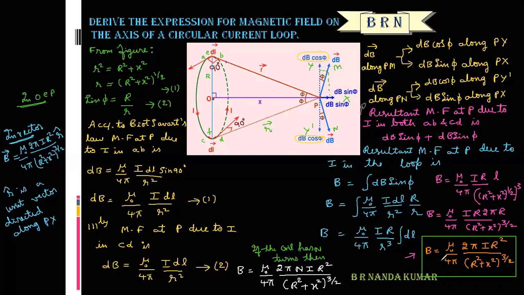So in vector form again, B vector is equal to mu naught divided by 4 pi, 2 pi n I R square divided by (R square plus x square) power 3 by 2, into r cap. R cap is a unit vector, which indicates the direction of magnetic field at a point P on the axis of the current coil, that is along Px direction.